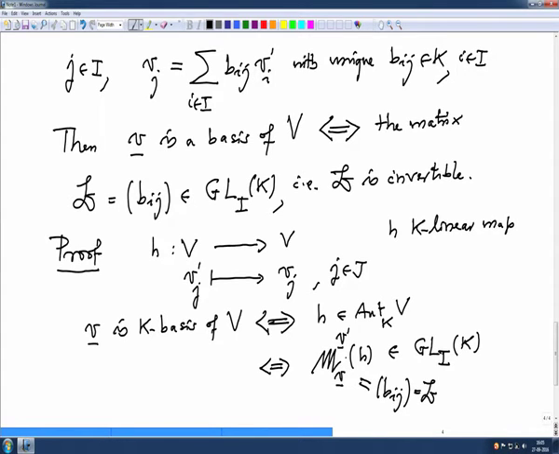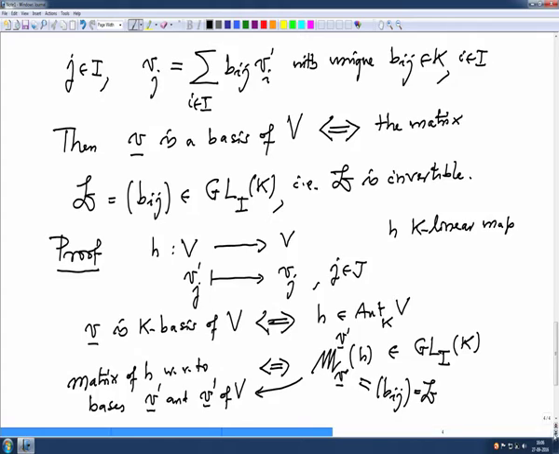So this is with respect to the basis V prime to V prime, because this goes to the jth column, and that column we are writing again in terms of Vi prime. So this is a matrix of H with respect to basis V prime and V prime of V. Okay, so that was the proof of the lemma.